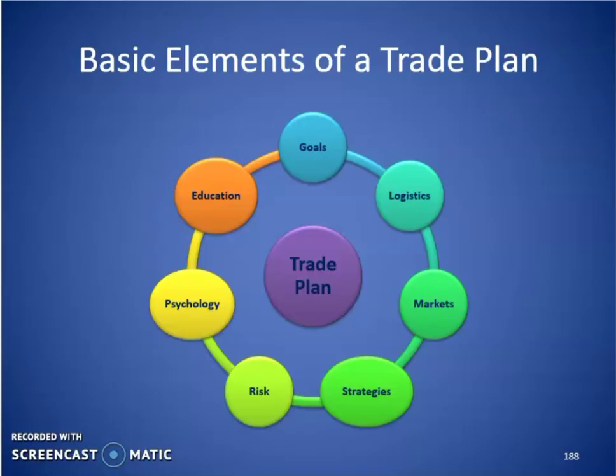The basic elements of a trade plan are: what are our goals? The goal setting. Are we trading for our monthly earning, or is it growth related, what is our risk appetite, what is our objective, all these things.